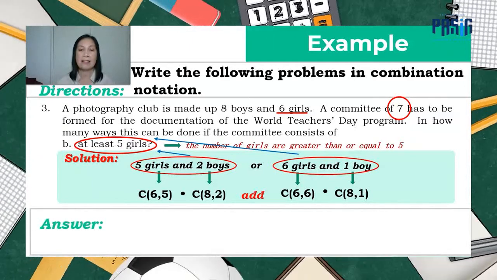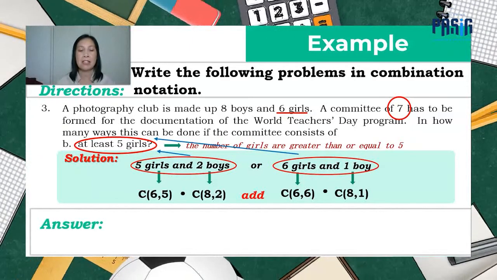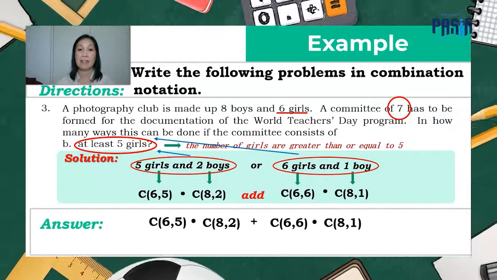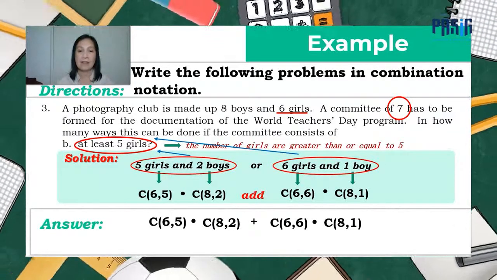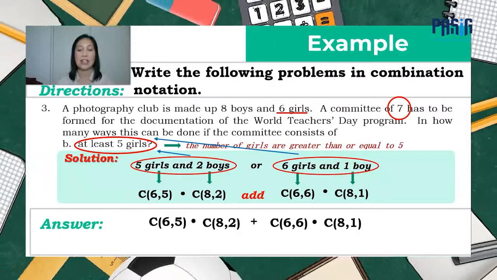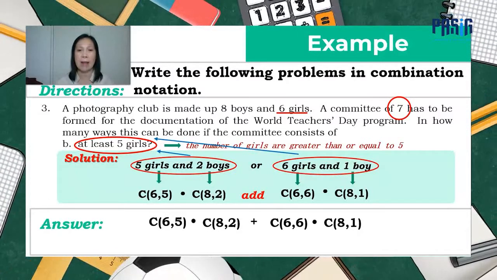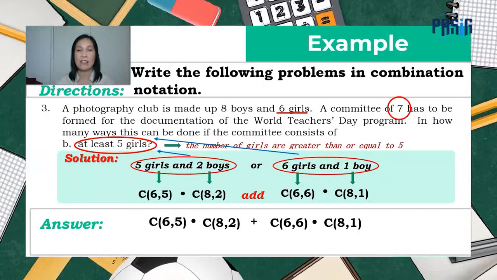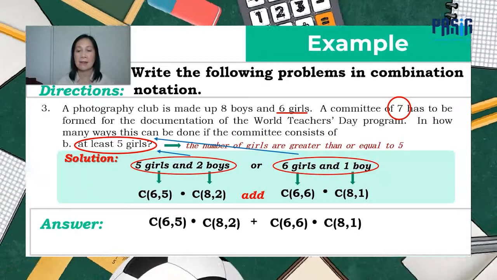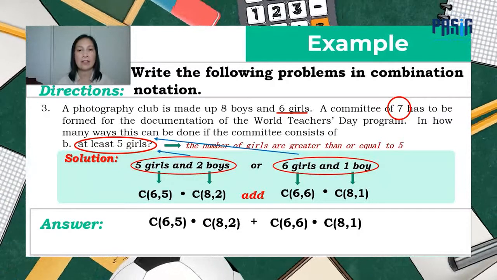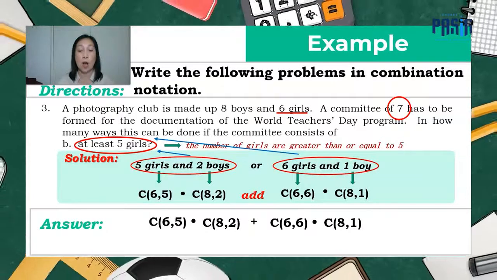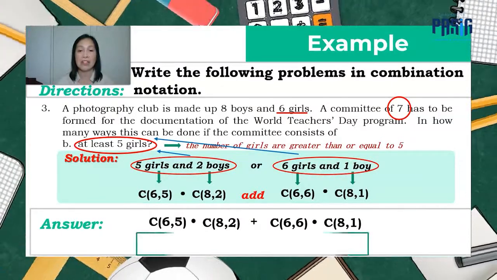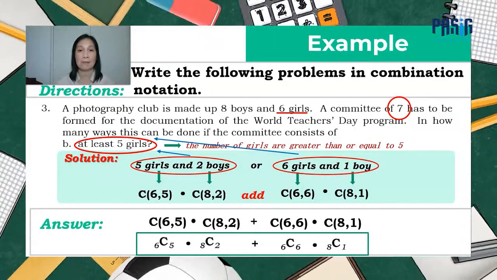So, writing this problem in combination notation, we have the combination of 6 taken 5 at a time times the combination of 8 taken 2 at a time plus the combination of 6 taken 6 at a time times the combination of 8 taken 1 at a time. Or you may write the combination notation in this way.